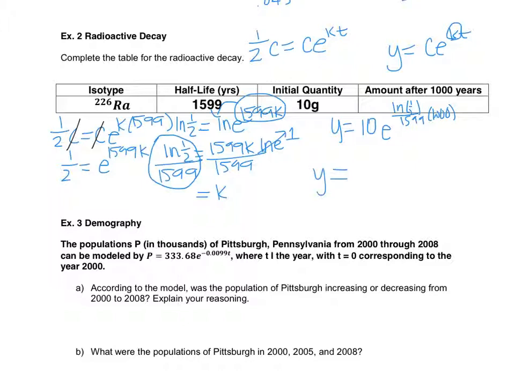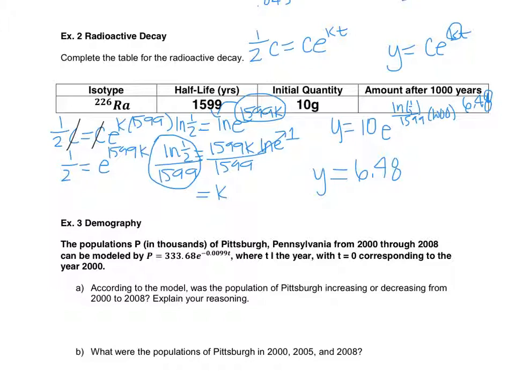So, how much of the amount do we have left after 1,000 years with a starting amount of 10 grams? When you plug all of that into your calculator just exactly as it is, you get 6.48. So I know my amount after 1,000 years is about 6.48 according to the half-life and the numbers that we have.